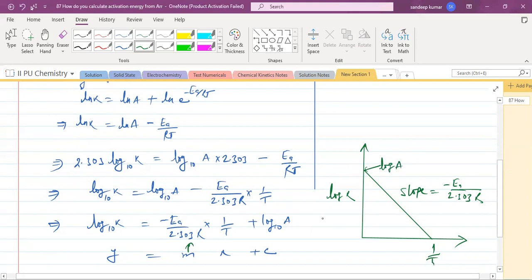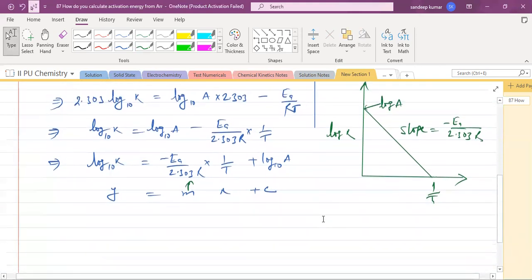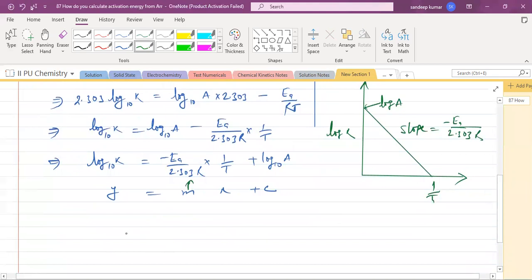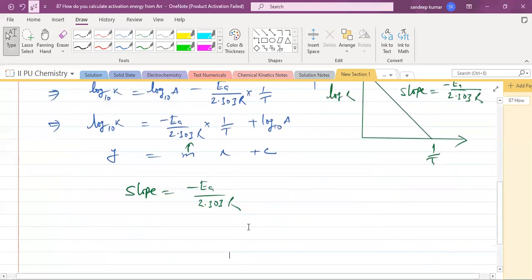So if you plot the graph, we know that the slope is equal to minus Ea upon 2.303 R. If you know the slope, you can find the activation energy.